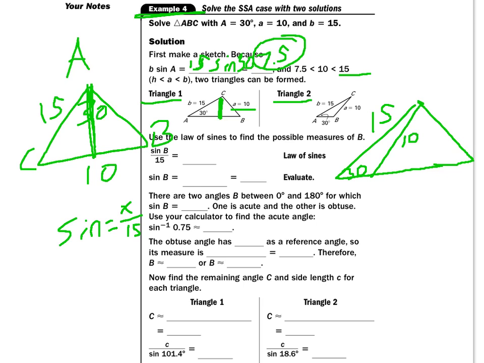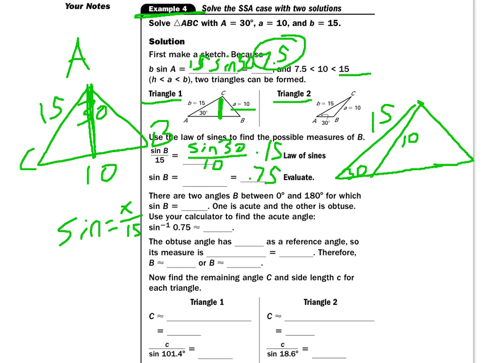So if we use the law of sines, the sine of B, which I don't know, over 15 equals the sine of 30 over 10. Alright, so if I multiply both sides by 15, the sine of 30, I end up with 0.75.